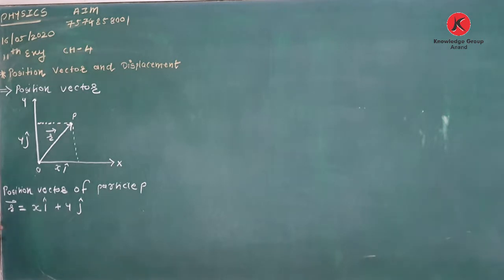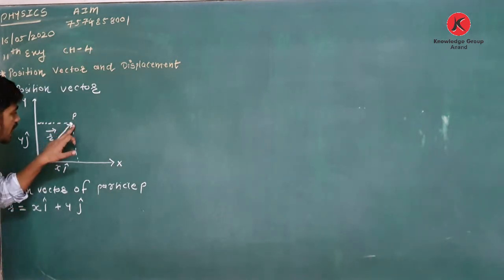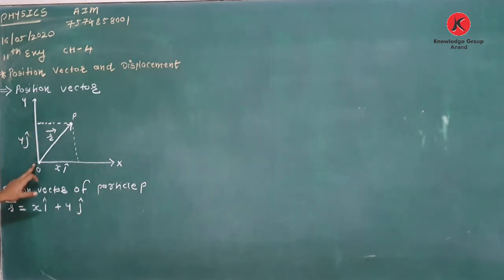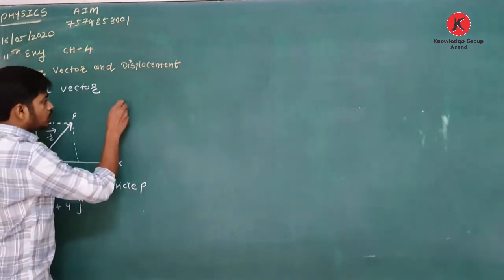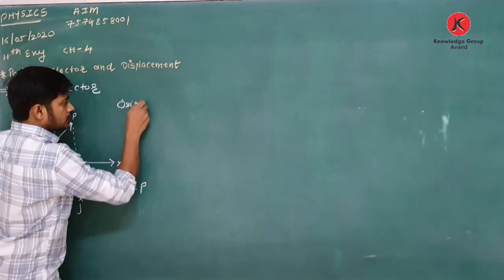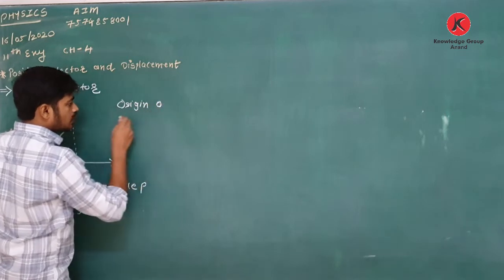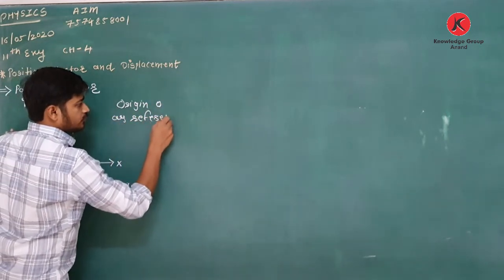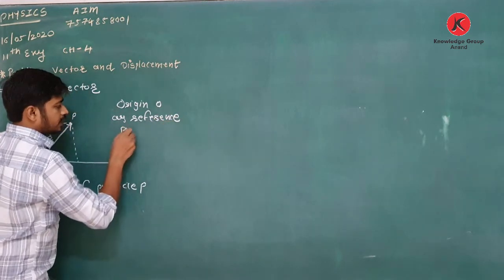Clear about this? Remember, if we have a particle P in the xy coordinate system, to define position we have to select one reference point, and that is the origin O as the reference point.